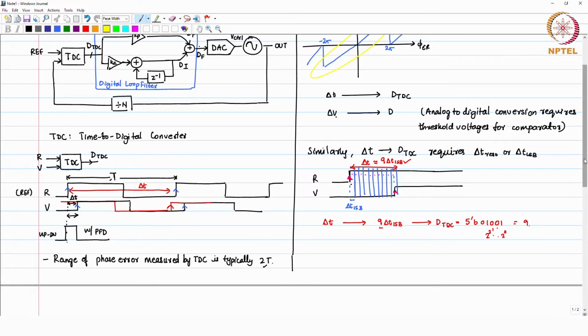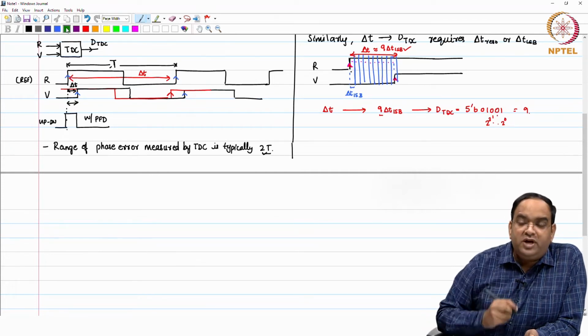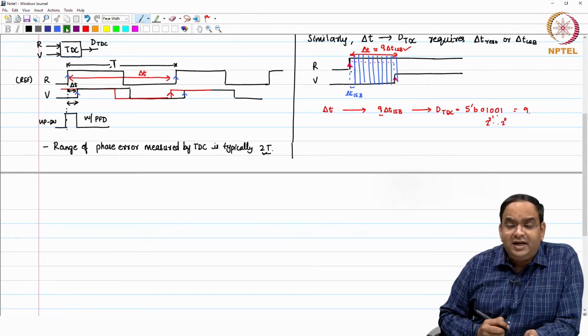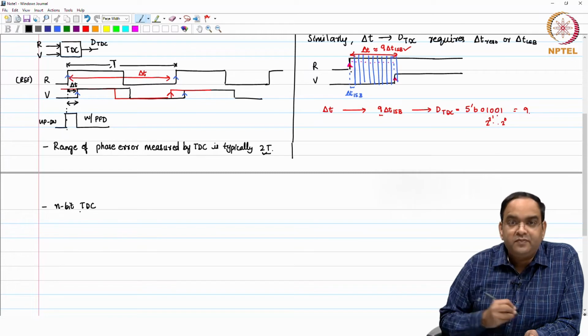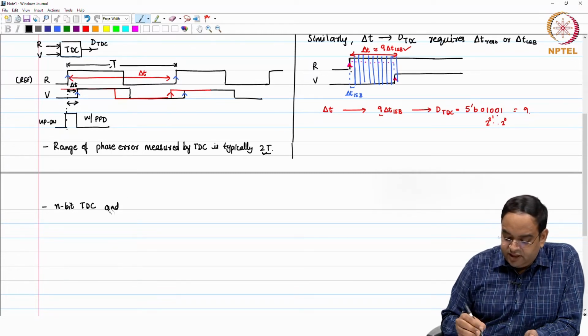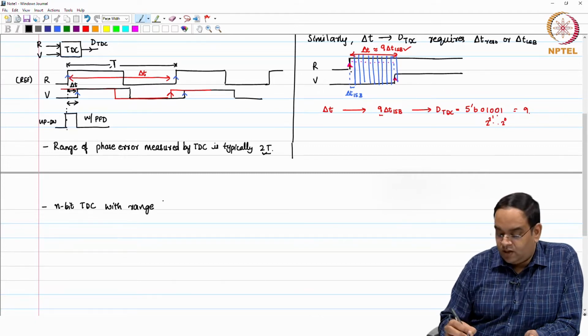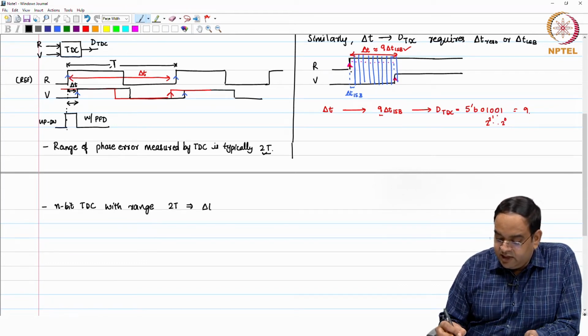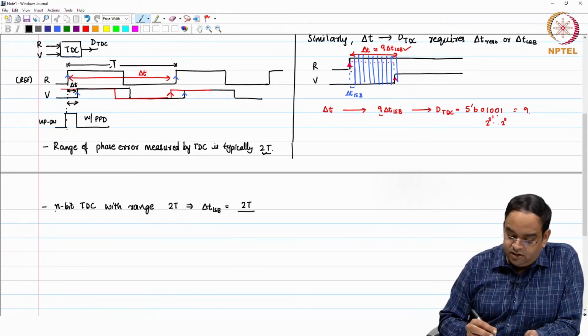So, the range of the TDC is 2T, and what you have here is the delta T LSB information which you need. So, for an n bit TDC with range 2 times T, your resolution delta T LSB is equal to your 2T range divided by the n bit TDC.